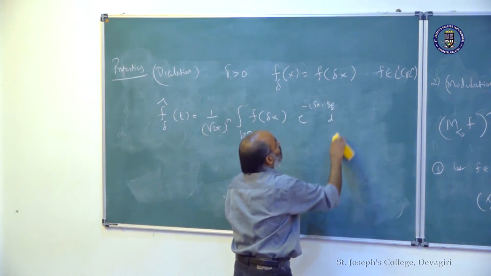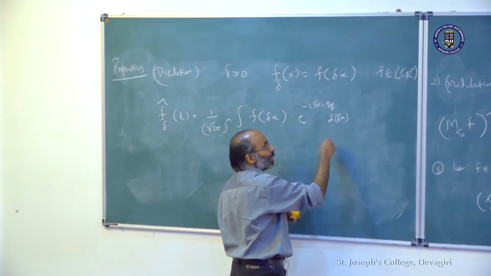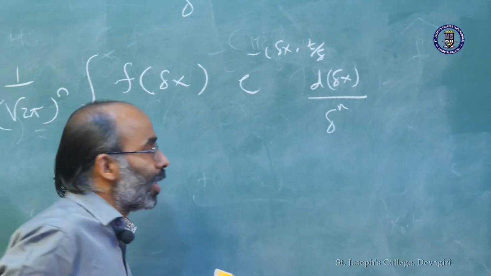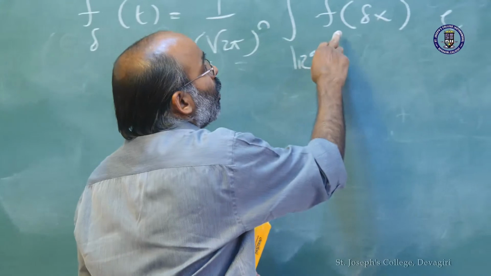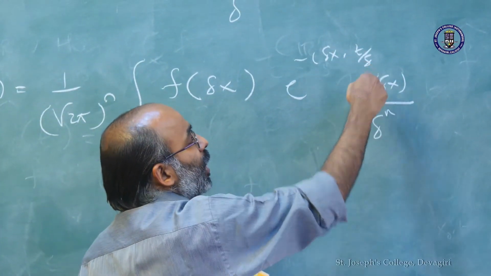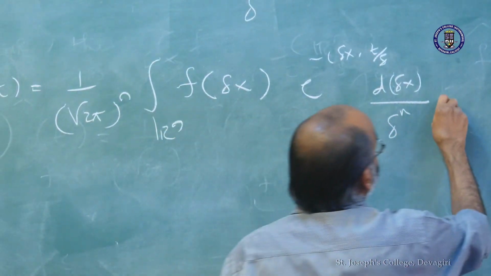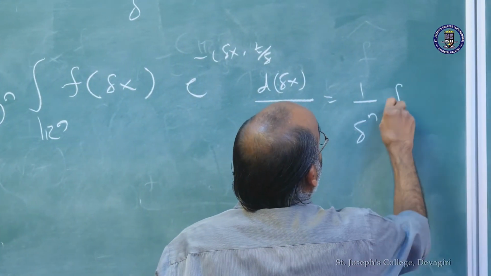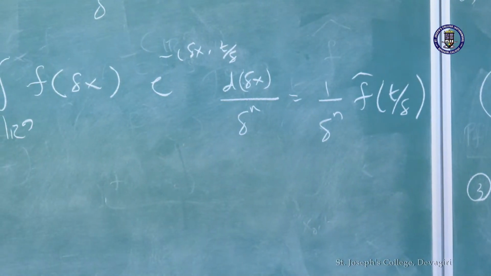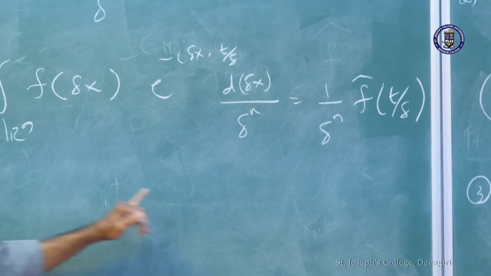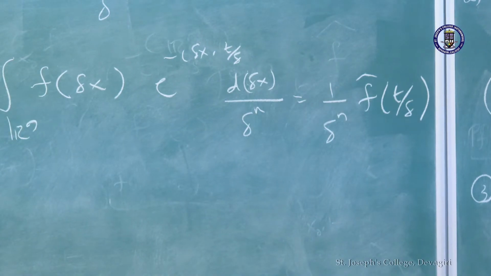I can put a delta x here, but then delta to the n comes out as the Jacobian, so divide by delta to the n. Now put delta x equal to y, and you will get f of y e to the minus i y dot t by delta, over delta to the n, but that is the Fourier transform at t by delta. So this is simply 1 by delta to the n times f hat of t by delta. So dilation goes to dilation in a different manner.